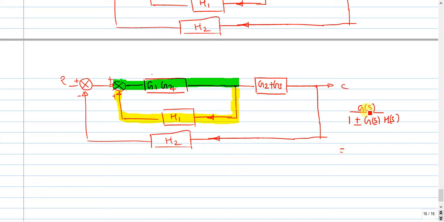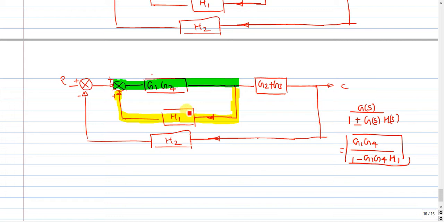In the place of G of S, I write G1 G4 by, and here the sign is positive, so you need to apply the negative sign, that is 1 minus G1 G4 H1. This will be your block.